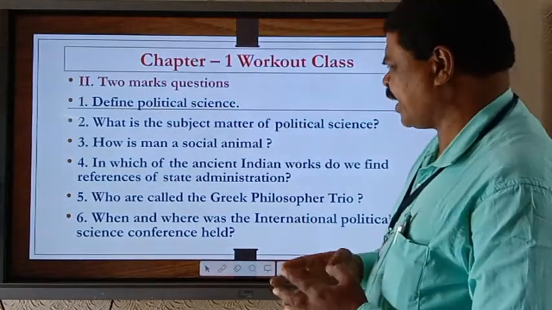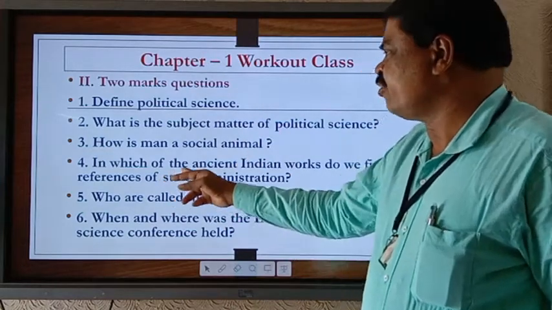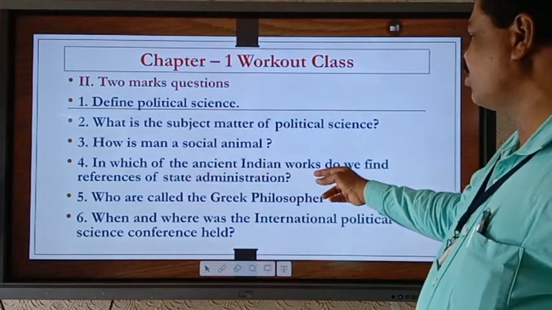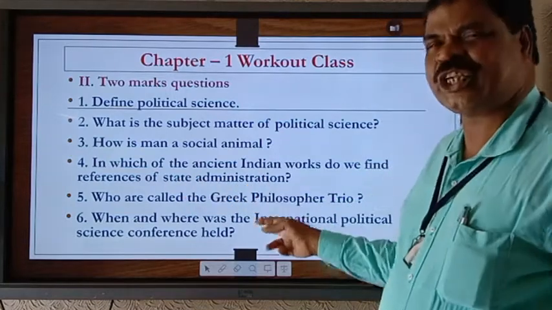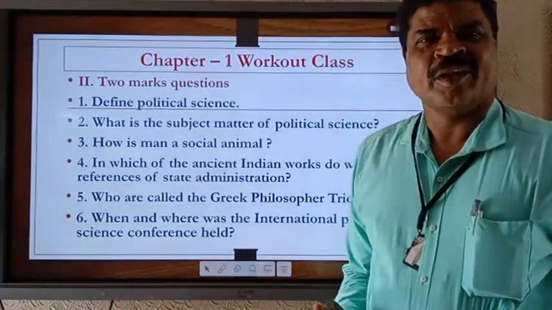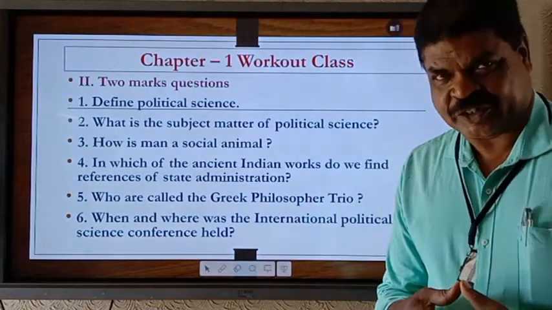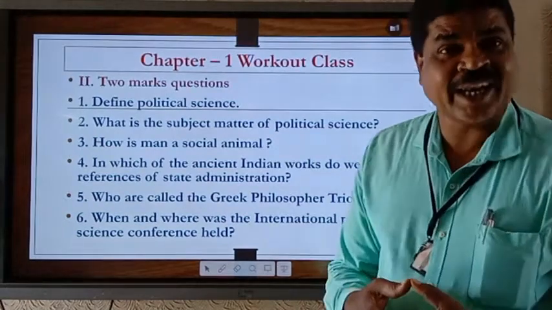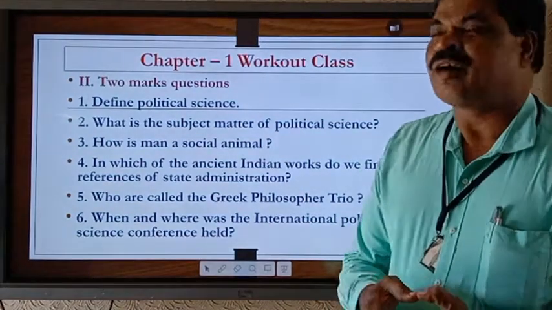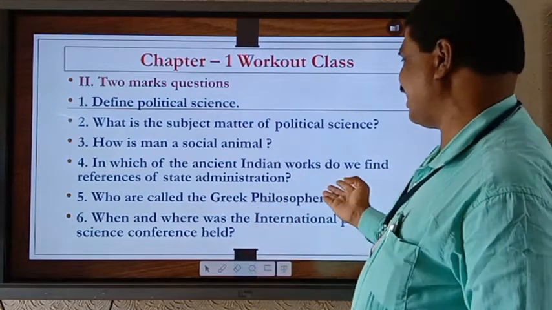Then we can move towards the fourth question. In which of the ancient Indian works do we find reference of a state administration? We already compared the Indian political philosophers with the Greek political philosophers, while we also indicated their works regarding state administration.